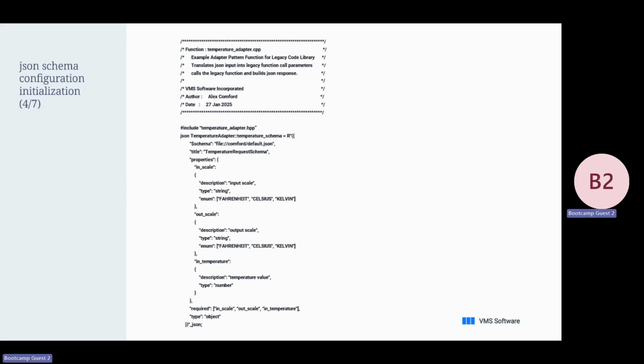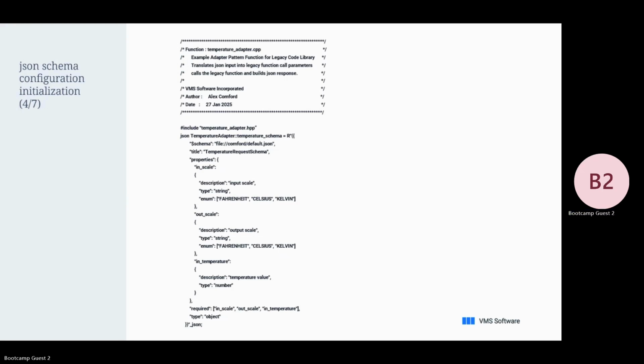And here we're actually declaring our schema, so that any request I get in from a web service is validated through the schema. That tells us, for example, our input scale: you give me Fahrenheit, Celsius or Kelvin, otherwise all bets are off, and I'm going to return an error saying you haven't given me the right data.